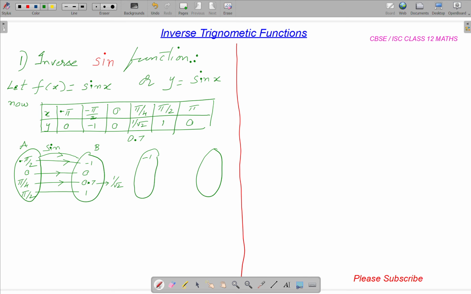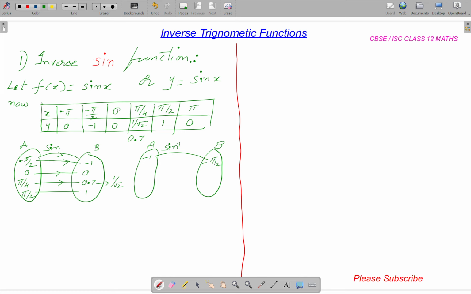Now substituting the values for sine inverse, when the domain side is minus 1, then the range becomes minus pi by 2.